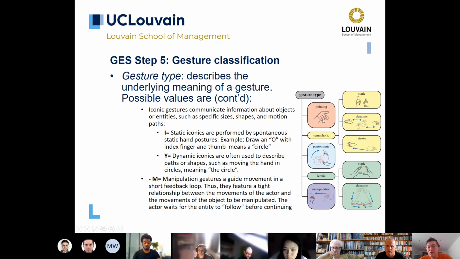So pointing, which means a person is pointing to something. A psychologist says it is a deictic gesture because we point maybe to an object, maybe to a position, to a person, or even I'm pointing to a part of my human body. It could be static in the sense that the hand is adopting a pose, but the hand does not move and the fingers do not move.